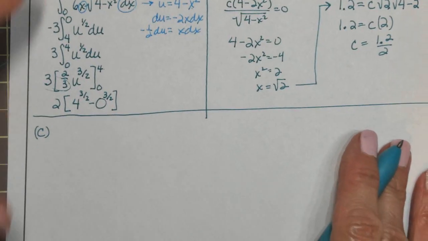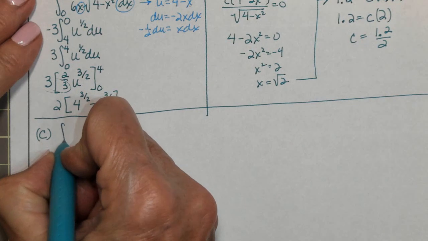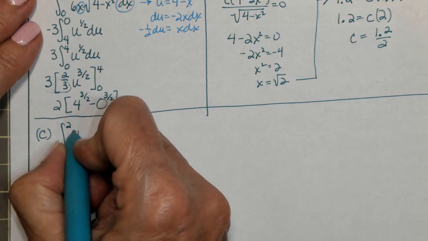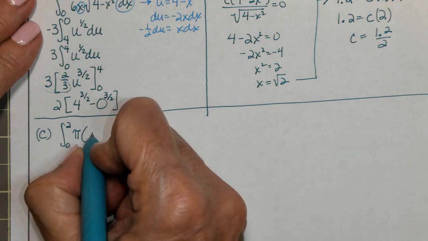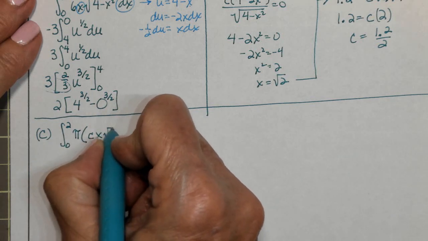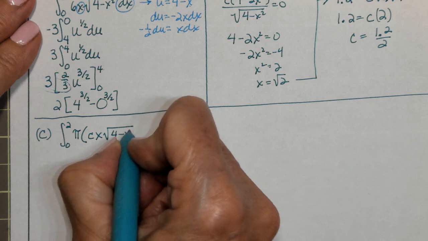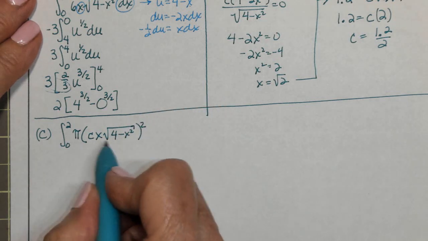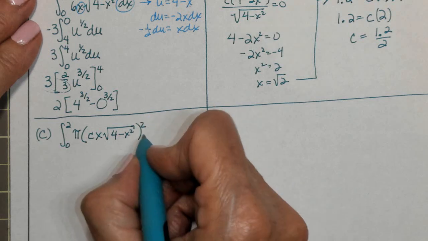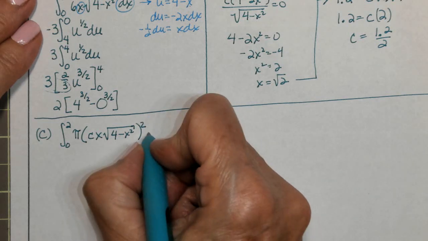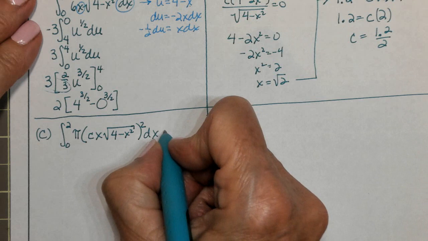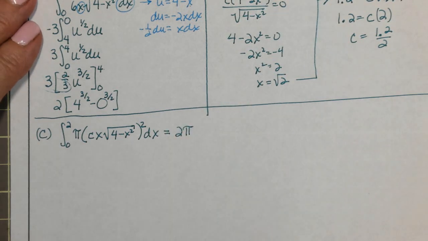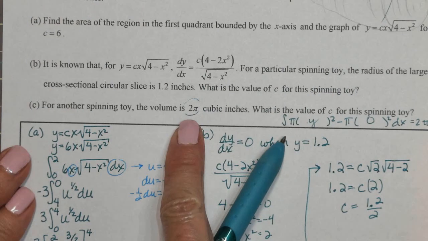So I will have the integral from 0 to 2 of pi times cx square root of 4 minus x squared, squared, pi R squared minus 0 dx. And that must equal 2 pi, because they told me it.